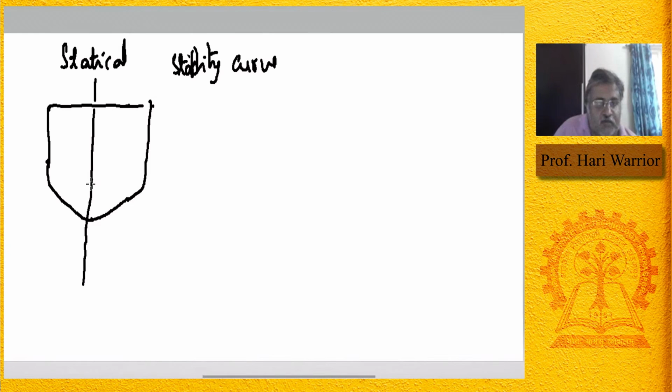Then here you have B0. Here you have G, let's say. G is the center of gravity. And this is your initial water line, W0 L0.